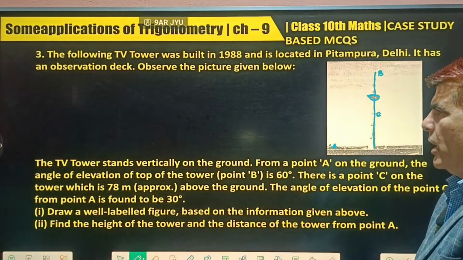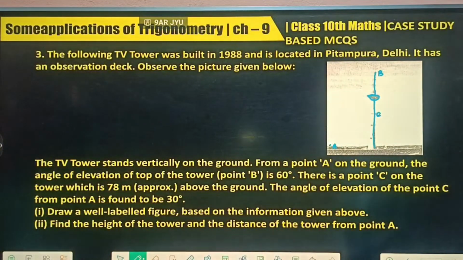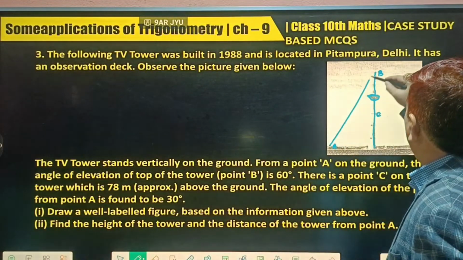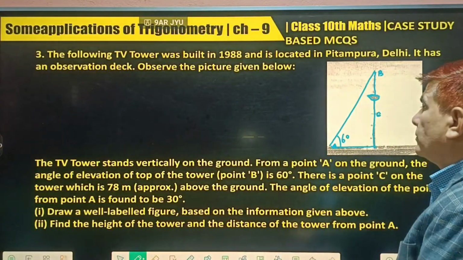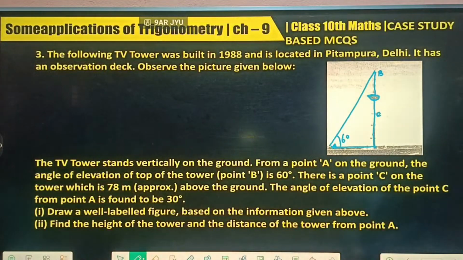A TV tower stands vertically on the ground. From a point A on the ground, the angle of elevation of the top of the tower is 60 degrees. This is the angle of elevation, 60 degrees. There is a point C on the tower which is 78 meters above the ground.